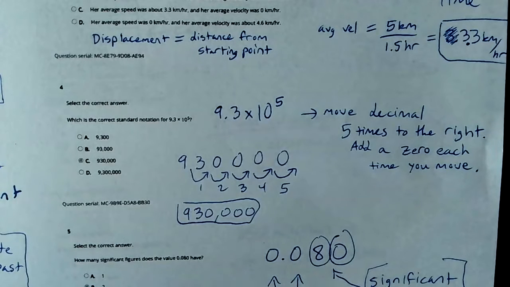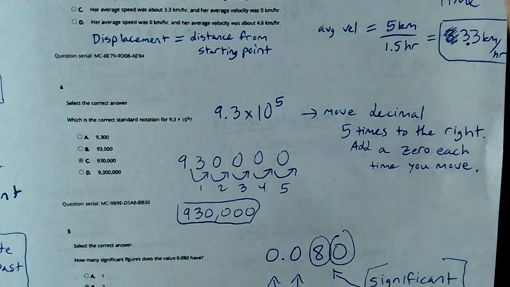So we have 9.3, we move it once to the right, 2 times, 3 times, 4 times, and 5 times. Each time, if there's not a number there like this 3, you add a 0. So there's already a 3, and then you move 0, 0, 0, 0. And that's the final number.